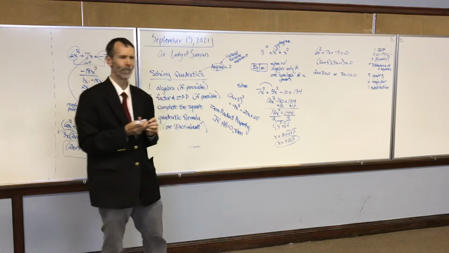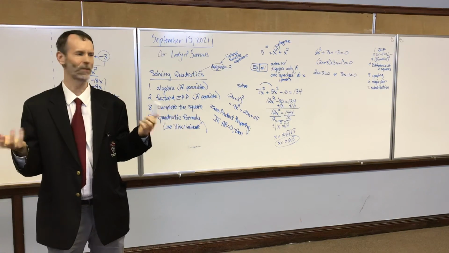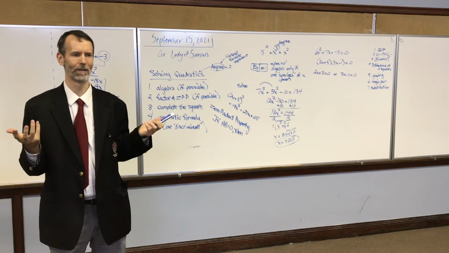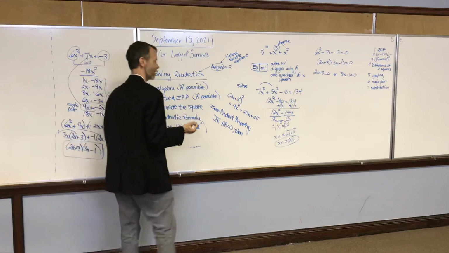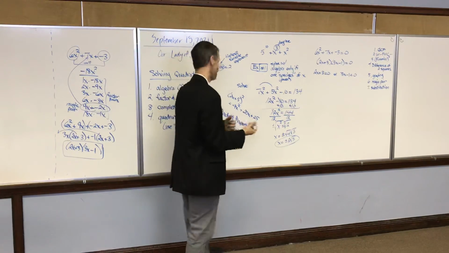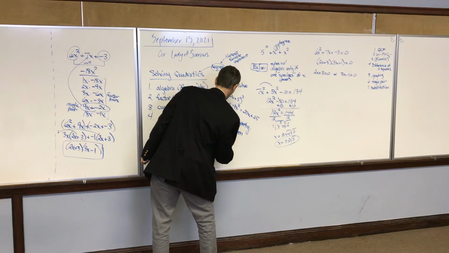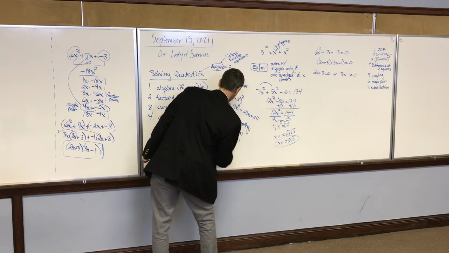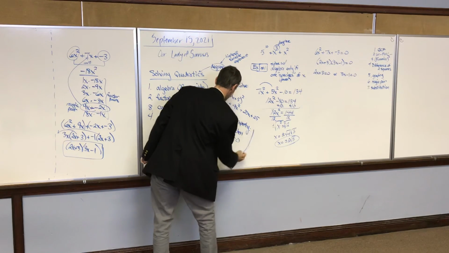What happens when you multiply 2 numbers and you get an answer of 0? What must be true? One of them has to be 0, because when you multiply by 0, that's the only way to get 0. Then either A is 0, or B is 0, or both. That's the zero product property.